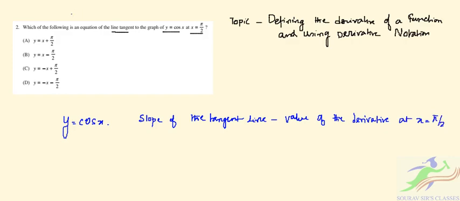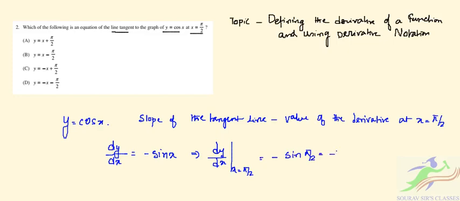If we write it in this form, the slope will be dy dx, which is equal to minus sine x. Now dy dx at x equal to pi by 2 is simply minus sine pi by 2, which means it is minus 1.